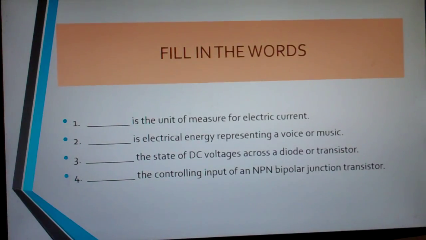Fill in the words. Number 1, blank is the unit of measure for electric current. Number 2, blank is electrical energy representing voice or music.